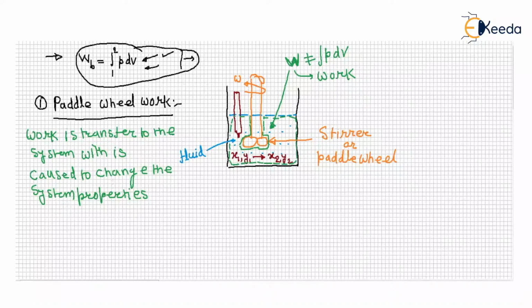So why will the system property change? If you rotate the paddle wheel inside the fluid, the initial property is x1 y1 and the final property is x2 y2, then why this change of property?